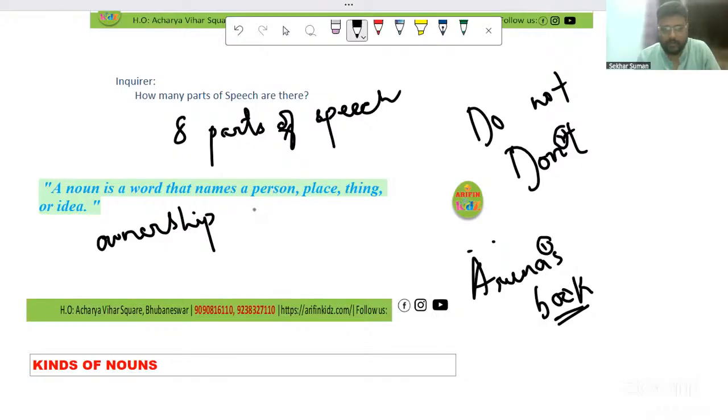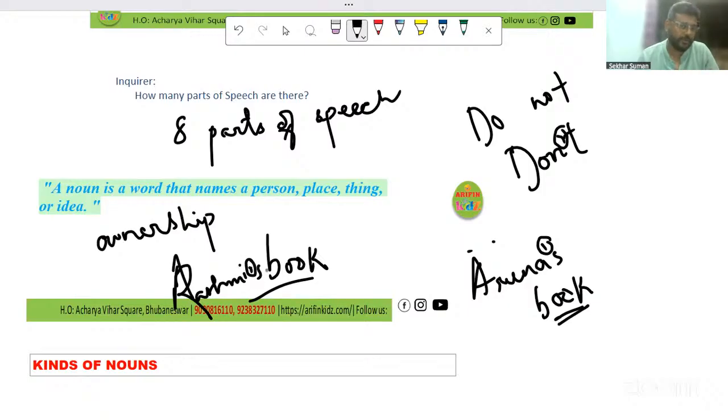Ownership. Now, if I had written only book, this would have given me an idea that I'm naming a particular thing. It wouldn't be giving me any extra information about the book. Whereas if I write Rashmi's book, this apostrophe S is giving me extra information that this book belongs to Rashmi.